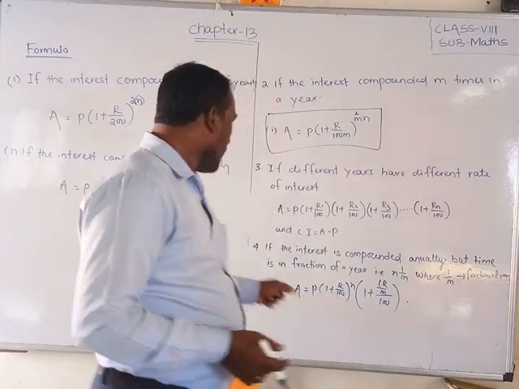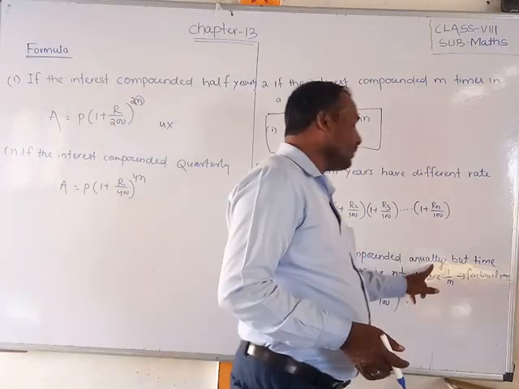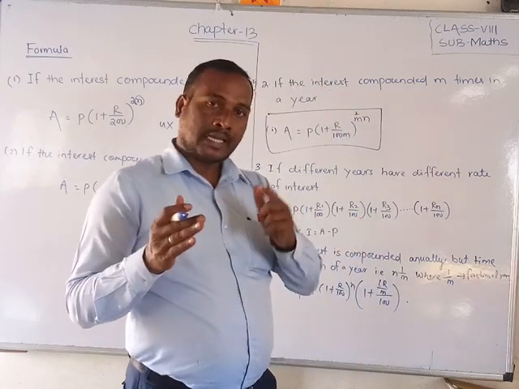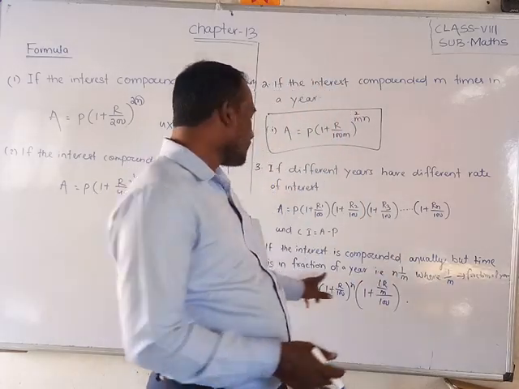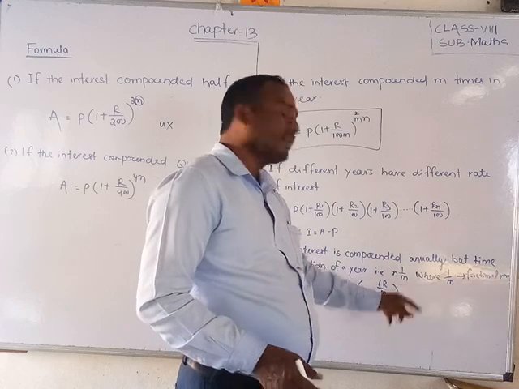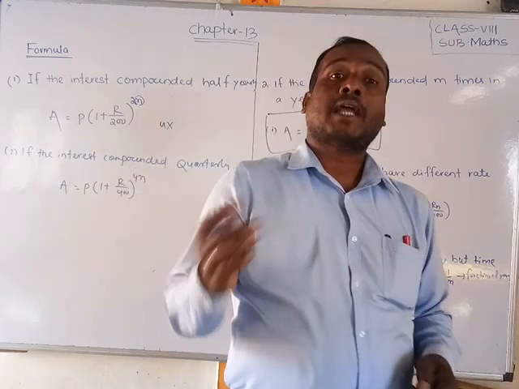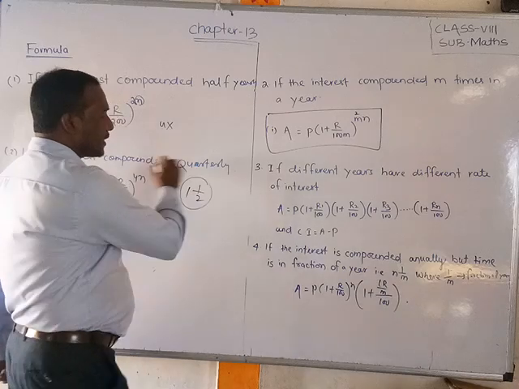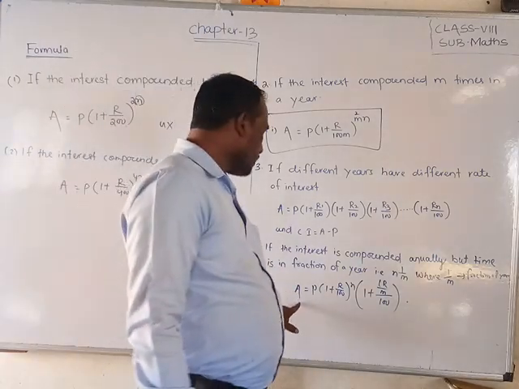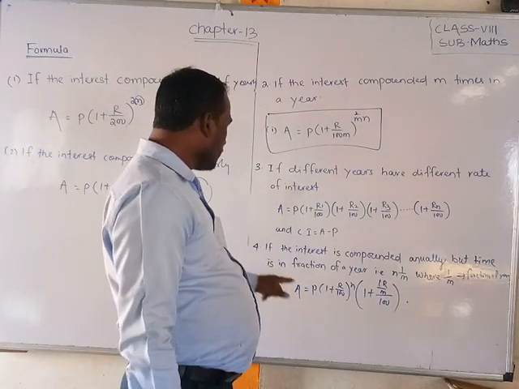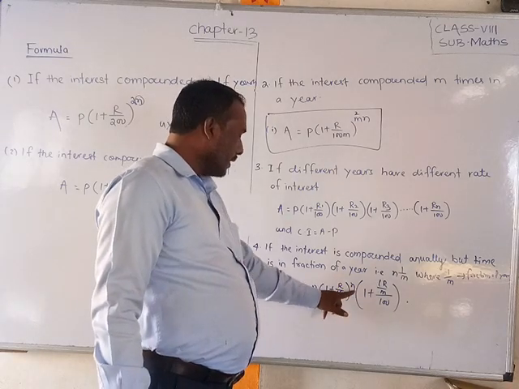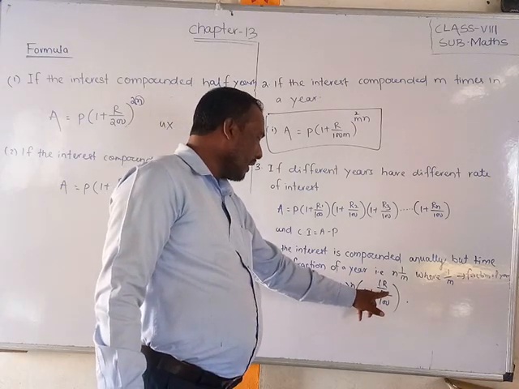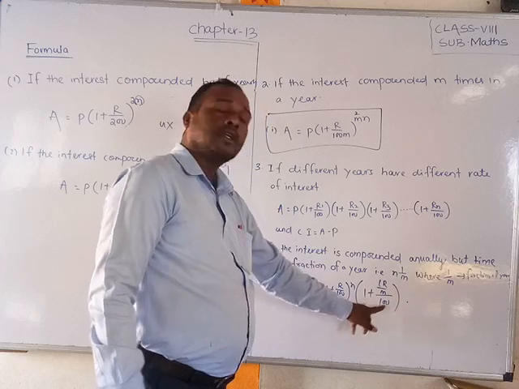Okay. If the interest is compounded annually, you have to find the interest, but the time is a fraction of a year, like 1 by 2. Then you have to write P into (1 + R by 100) to the power n, into (1 + (1 by m) R by 100).